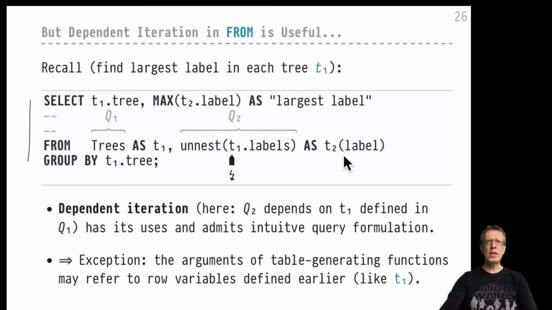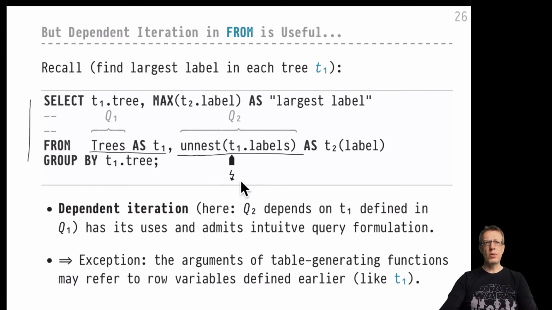Dependent iteration meaning that one of the entries, this second entry in the from clause, is actually dependent on the row variable bindings introduced by this first part, by this first tabular subquery inside the from clause. So there is some dependency here from T1 to T1 here, and indeed T1 is visible in this query. It should be a problem.